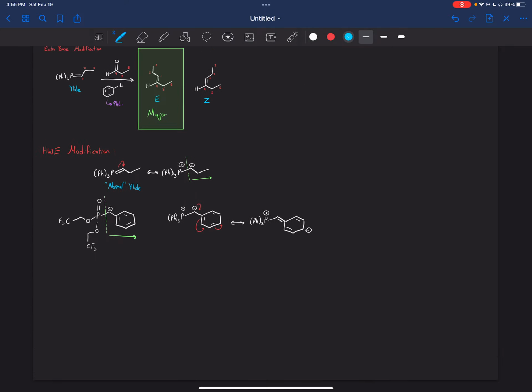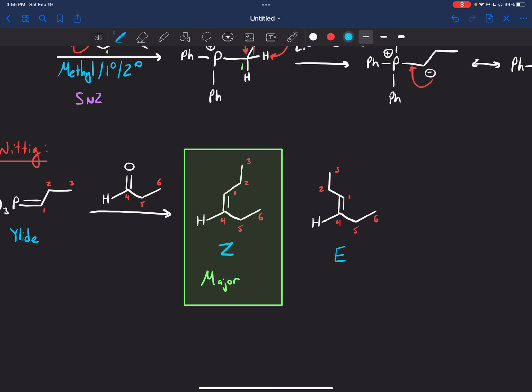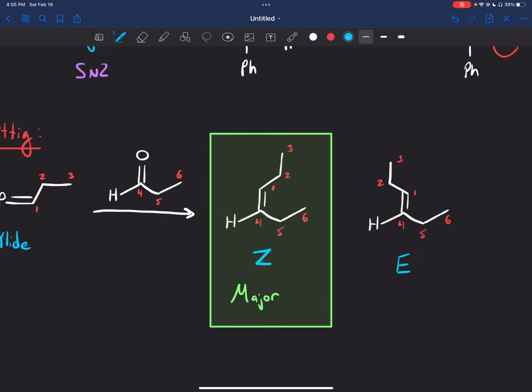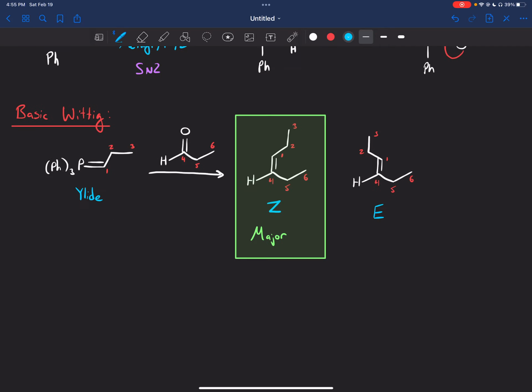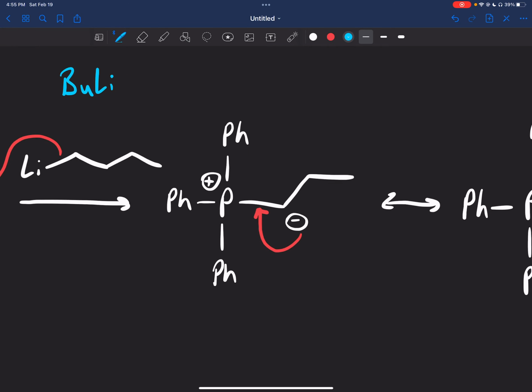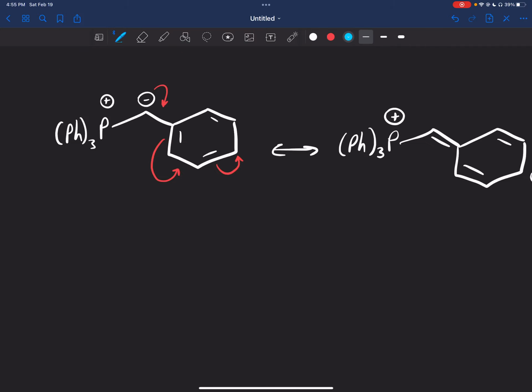In our previous reaction, when we did the extra base modification or that basic Wittig, our ylid, the compound right here, didn't have anything that was resonating with that negative. The negative can only resonate with that positive phosphorus. Here, that's not the case.